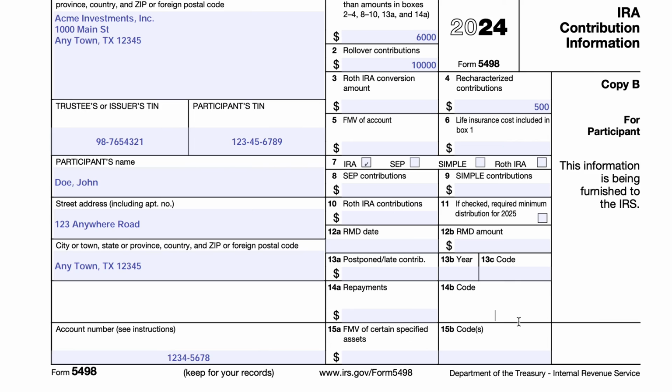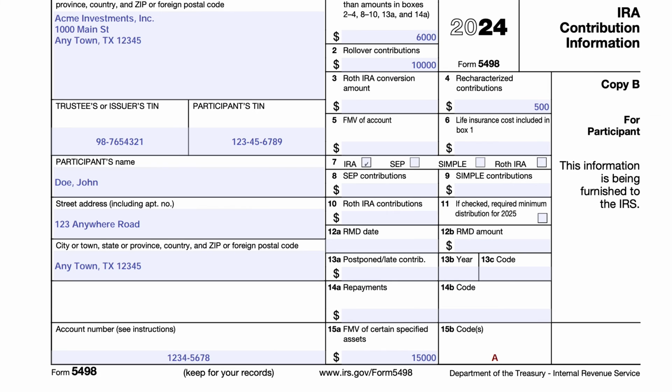Now, box 15A and box 15B, the IRS requires reporting on the fair market value of certain specified assets. So let's just say that there's $15,000.